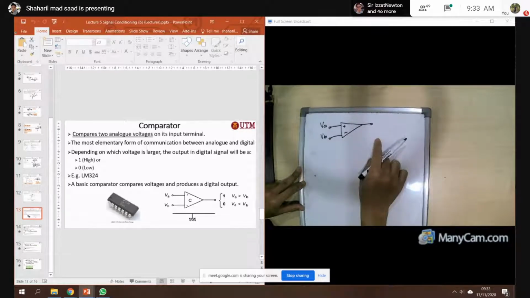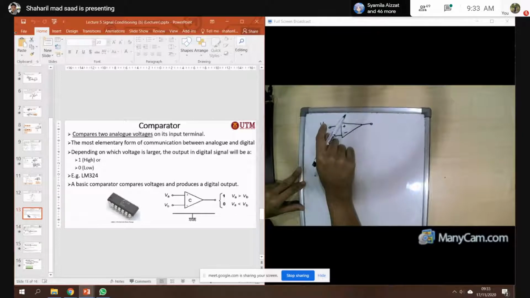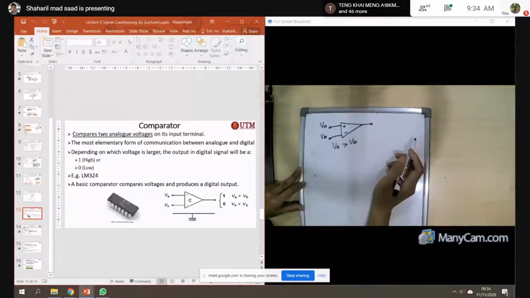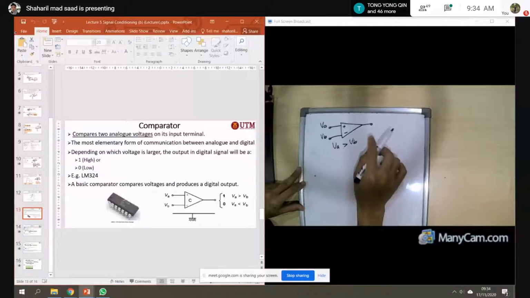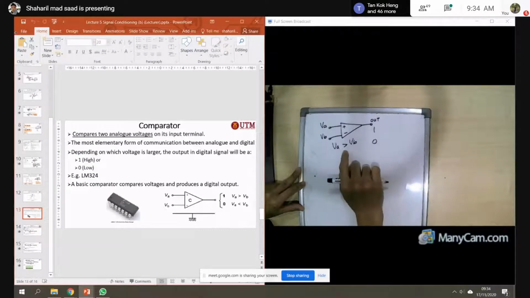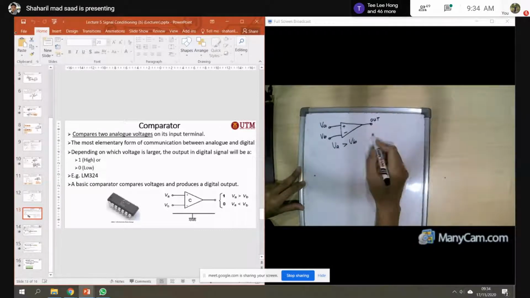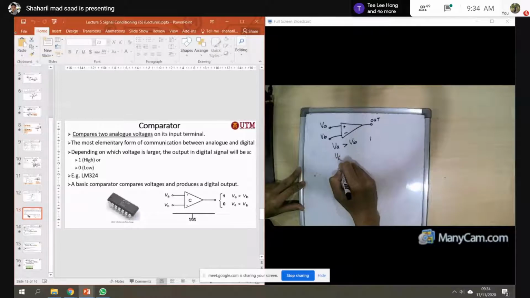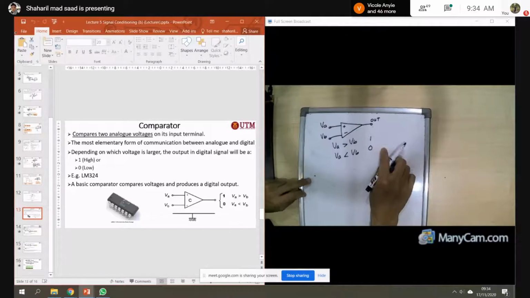When VA is more than VB, the op-amp will have the output here. This output will be only 1 or 0. If VA is more than VB, the output will be 1. If VA is less than VB, the output will be 0. This is the comparator.